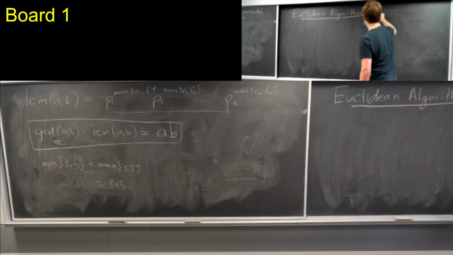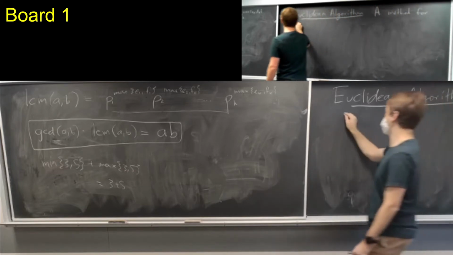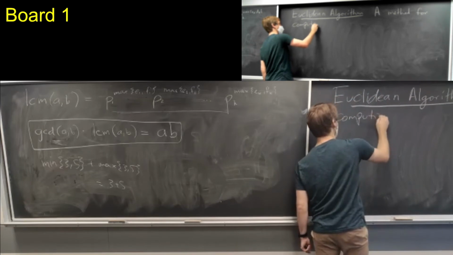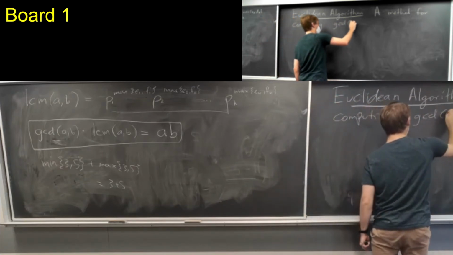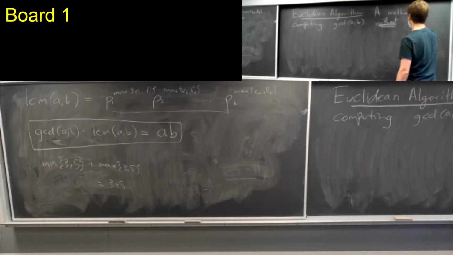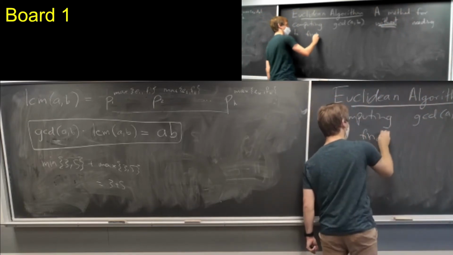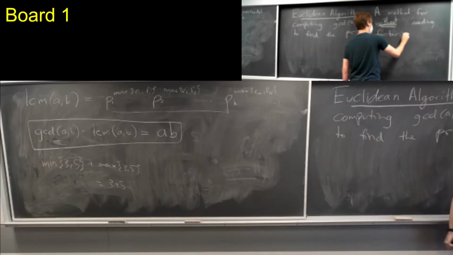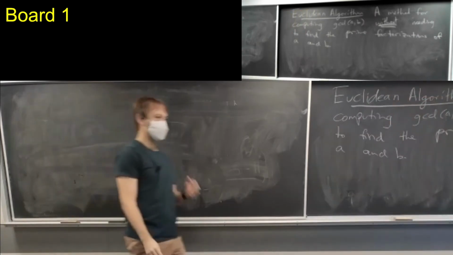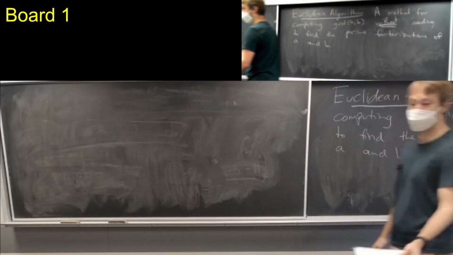The whole point of this is that it is a method for computing the GCD of A and B without needing to find the prime factorizations of A and B. So imagine somebody gives you two numbers and they want you to find the prime factorization. We're not going to find the prime factorization, but we are going to find the GCD.